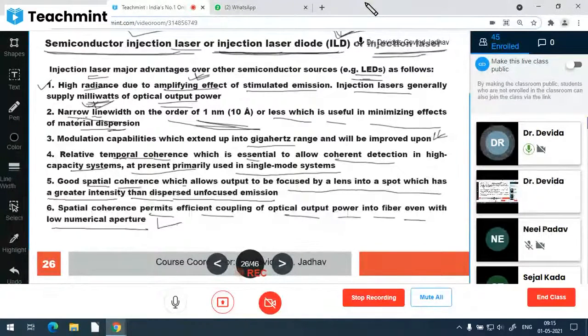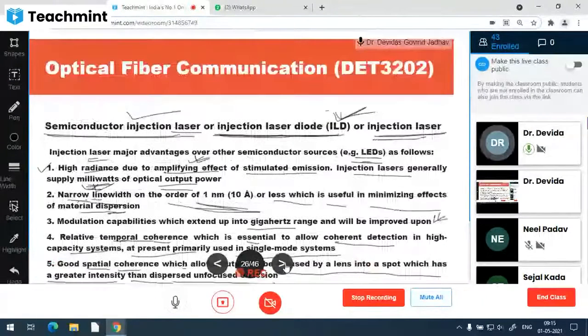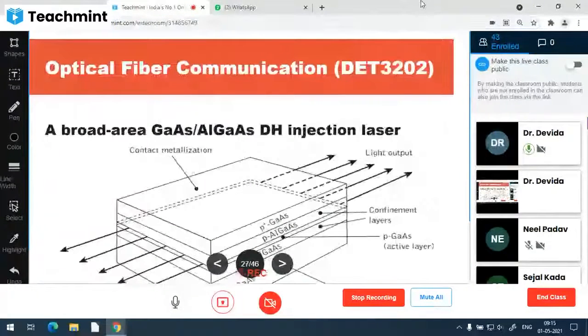Last one is, spatial coherence permits efficient coupling of optical power into fiber even with low numerical aperture. Even though the optical fiber has a low numerical aperture, the spatial coherence permits efficient coupling. Coupling efficiency is high, even though the numerical aperture of the fiber is less.